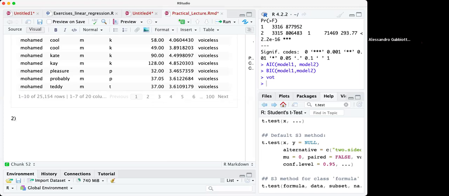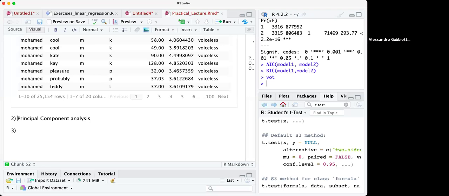Then what we didn't do is principal component analysis also, which was a nice algorithm, a dimensionality reduction algorithm.